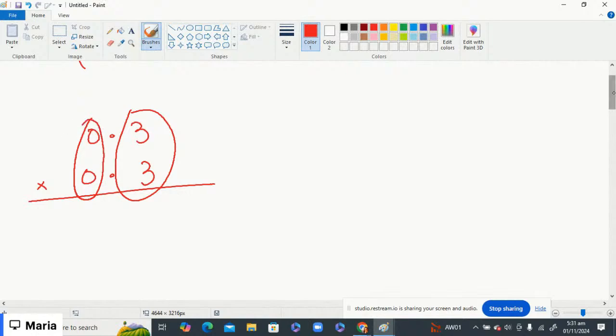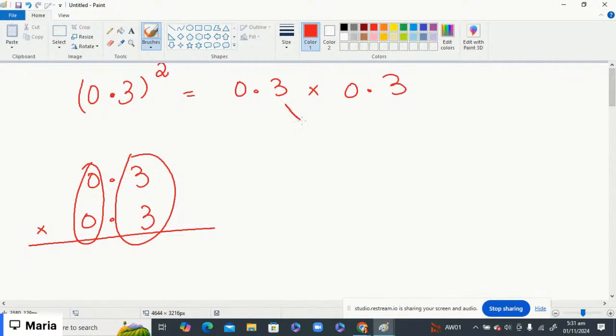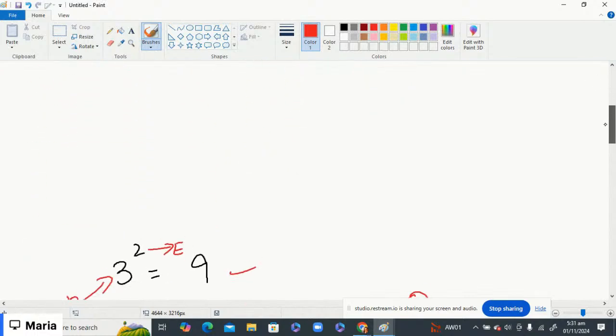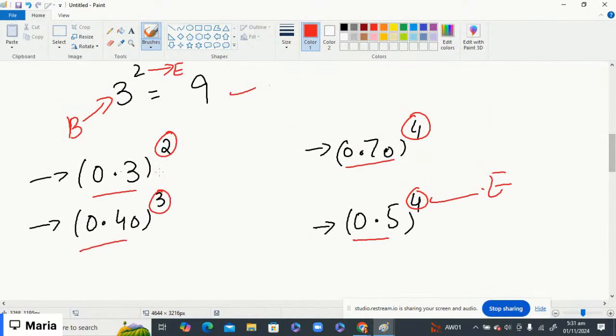Look here, this 3 is multiplied with this 3, this 0 is multiplied with this 0. 0 times 0 is 0, the point is in the same position, 3 times 3 is 9. Understand? If you have these kinds of questions, the answer of this one is 0.9.